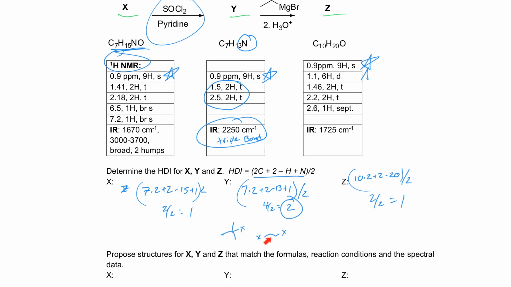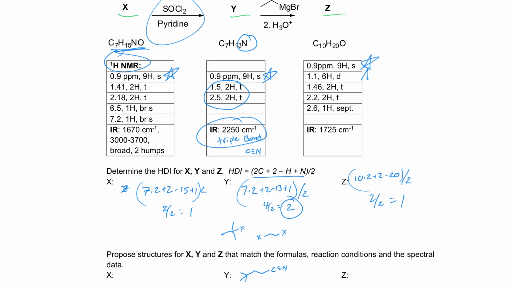I've got 9 H's and 4 H's, that's 13. So I have 1 extra carbon, no extra H's, and an N. So this has to be a CN. And maybe you remember that 2200 to 2300 is a CN, or maybe you just did it by process of elimination. But in that case, we've got Y here. That's Y. So that's a nitrile.